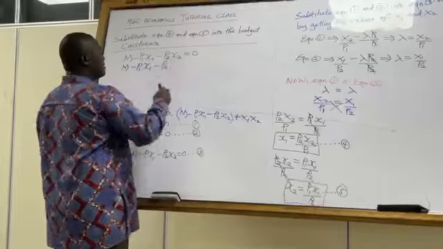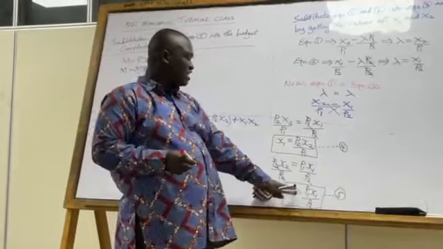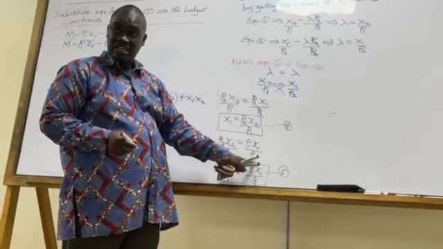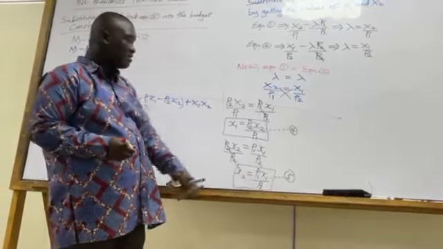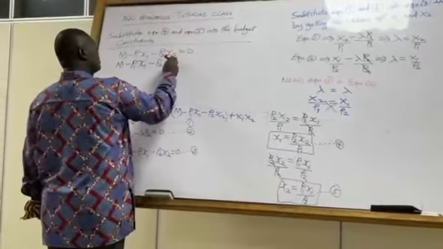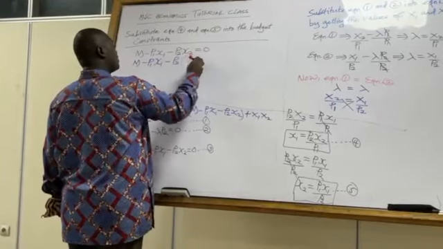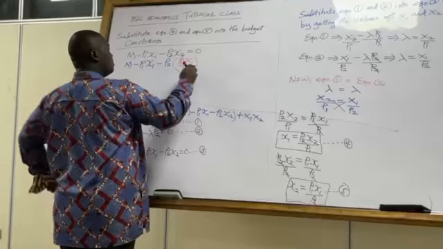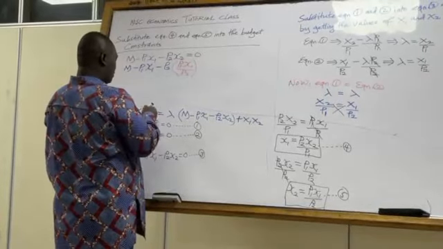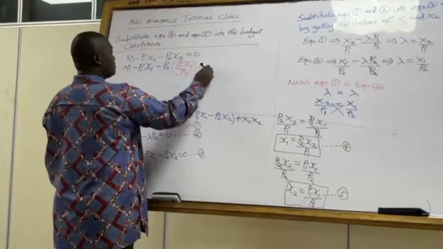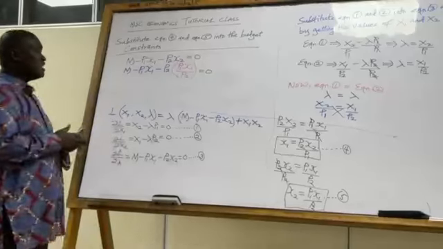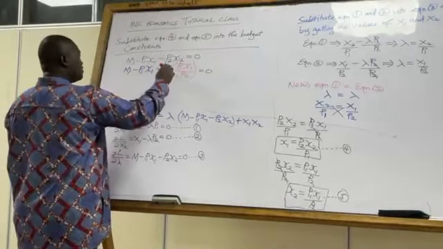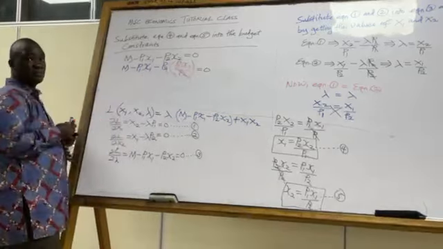So you come to this, you say, parentheses open. x2 here is what? P1x1, you there? P1x1 divided by what? P2. Then you close it. So now be equal to what? To 0. So I want you to pay keen attention here, please. So now what we'll do here is that we cancel P2 and that of P2 here.